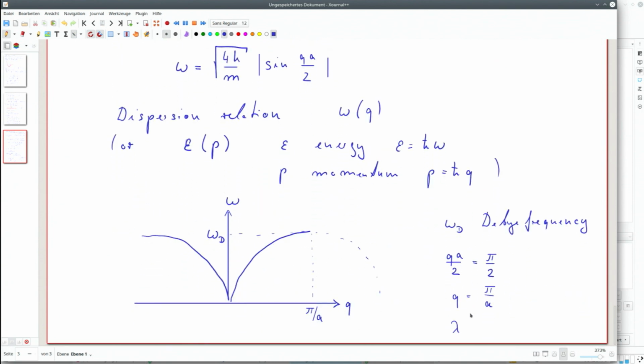So lambda is 2 pi over q. 2 pi, so it's a lambda min, it's a q max, 2 pi divided by pi over a, so it's, is it 2a or?